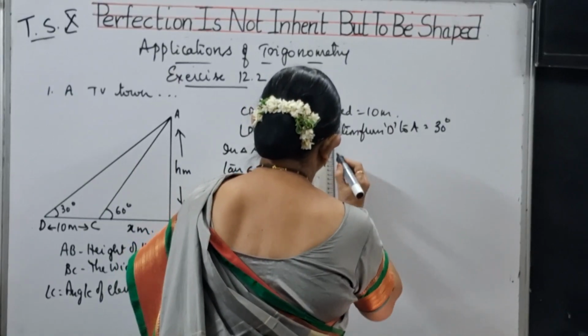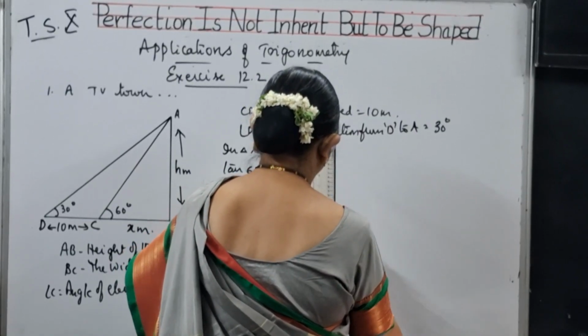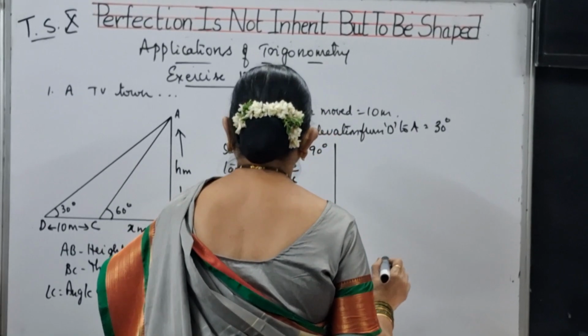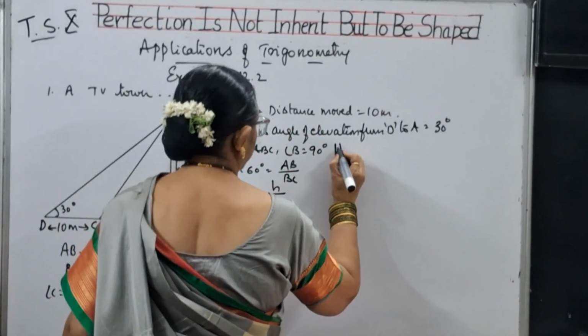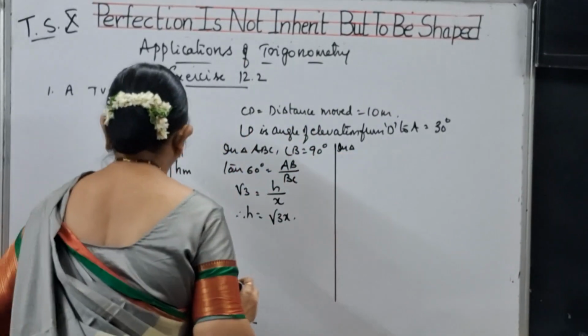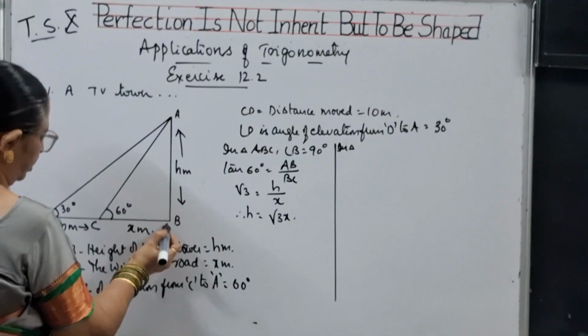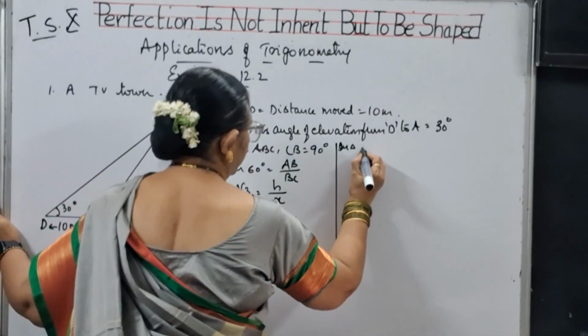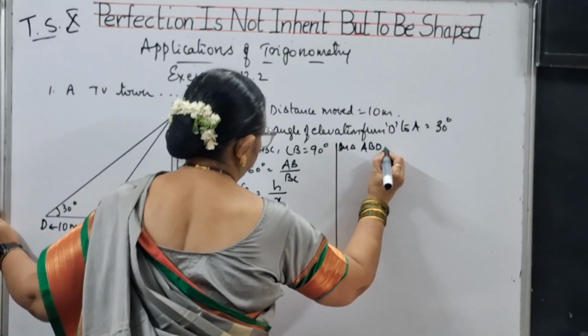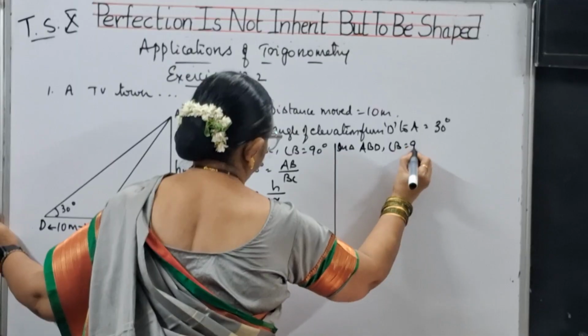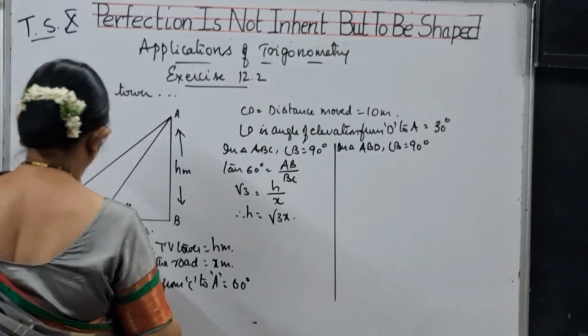Now the next part, let me take in triangle ABD. This triangle I have to take ABD. Angle B is 90 degrees.